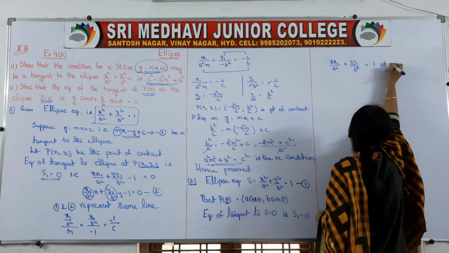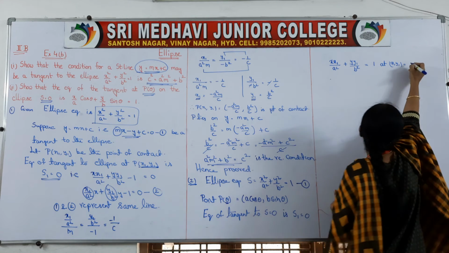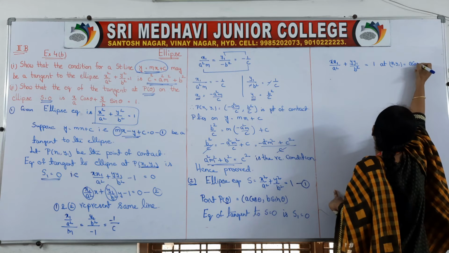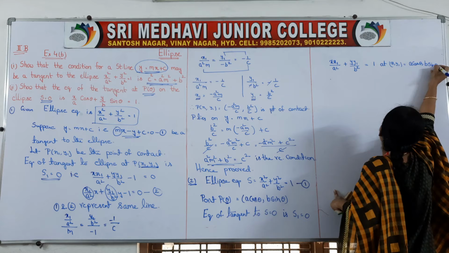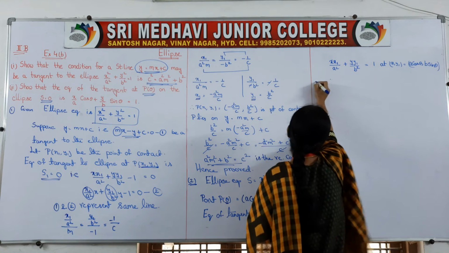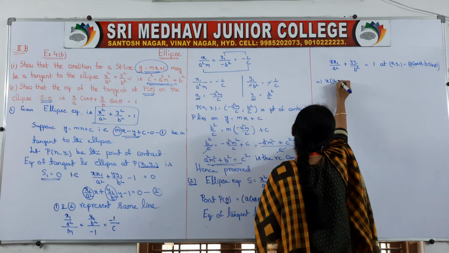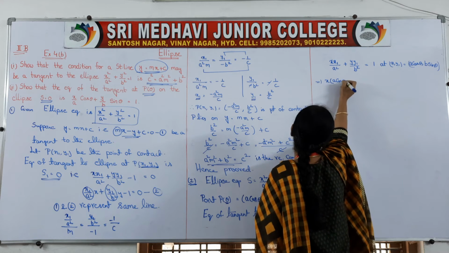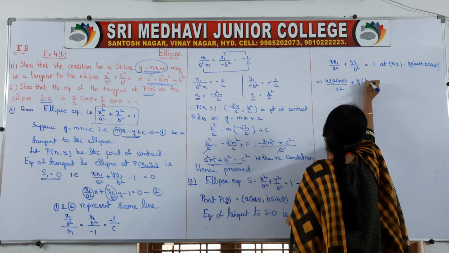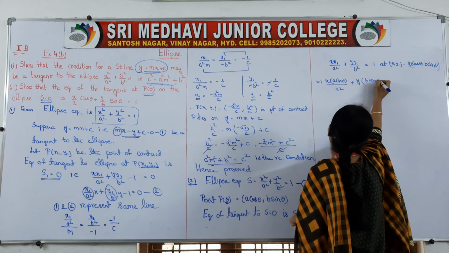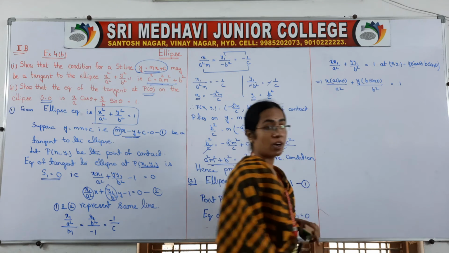At the point (x1, y1), which is now (a cos theta, b sin theta), it implies x into, in x1 place a cos theta by a square, plus y into b sin theta by b square, equals 1.